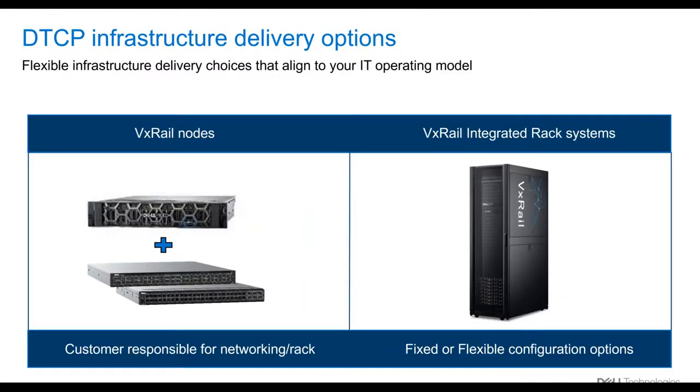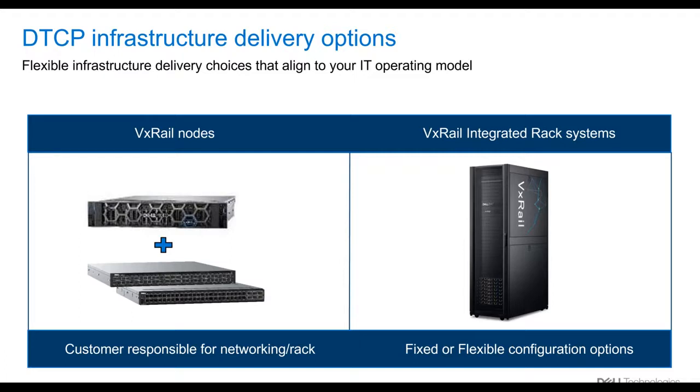So what are some of the different types of Dell Technologies Cloud Platform infrastructure delivery options? Well, we've always had VxRail be an HCI platform that can be delivered as a set of nodes, where customers have the complete flexibility to pick their own networking and integrate those VxRail systems with their existing networking if they so choose, as well as integrate them into their own racks within their data center.